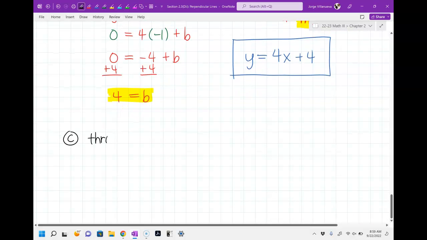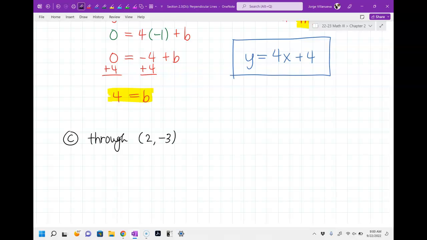It's going to go through 2, negative 3, and it's perpendicular to y equal to 2/5 x plus 4.